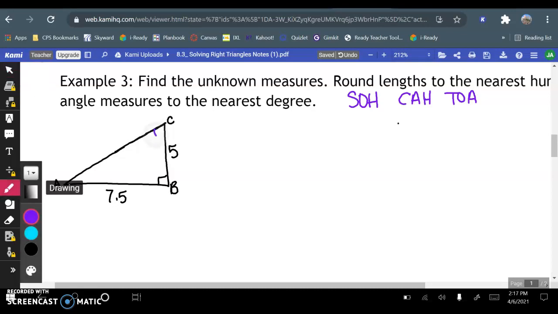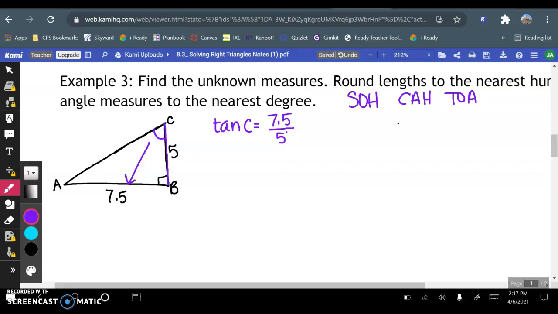If we look at angle C here, we know the adjacent and we know the opposite. Opposite and adjacent is the tangent, the TOA part. So the tangent of angle C is the opposite side, which is 7.5, over the adjacent, which is 5.